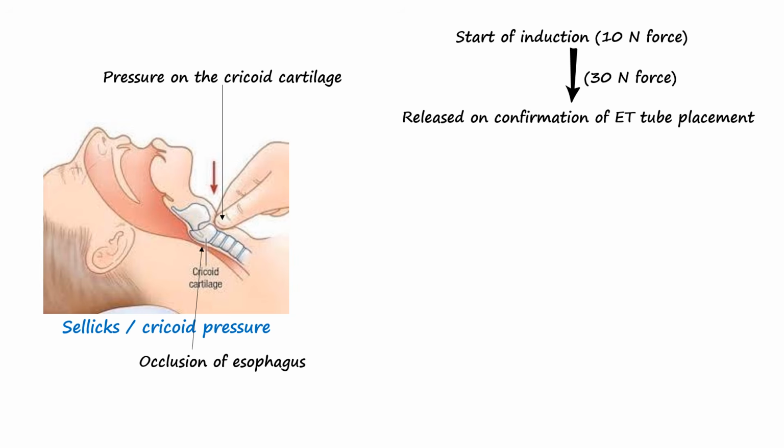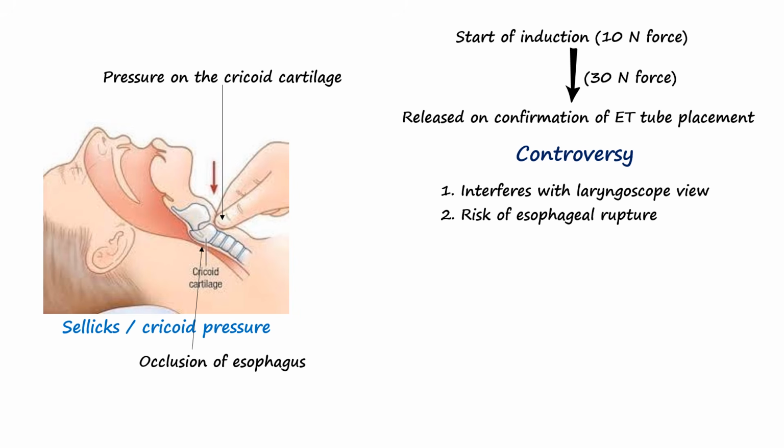placement is confirmed. However, the utility of cricoid pressure remains debated. While it is widely practiced, critics highlight several limitations. The first one is that it may impair laryngoscopic view and lacks robust evidence for efficacy as per the 2015 Cochrane review, and carries the risk of esophageal rupture if vomiting occurs.